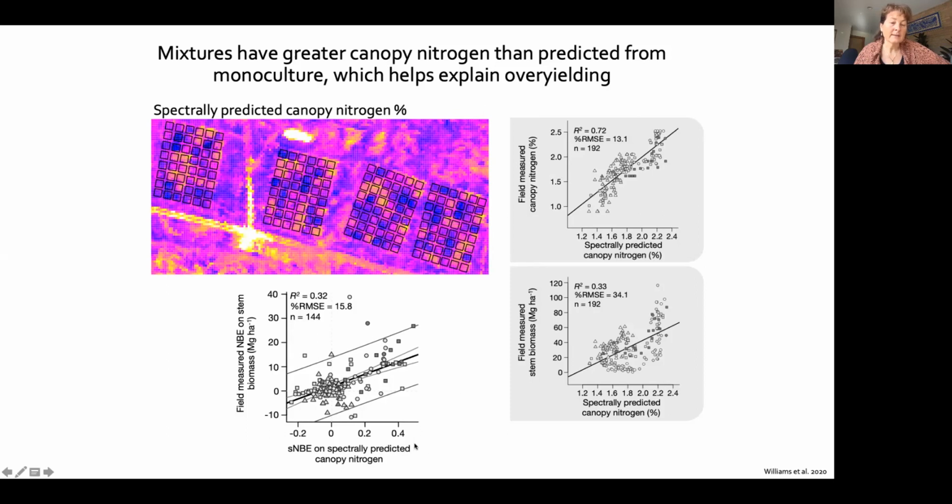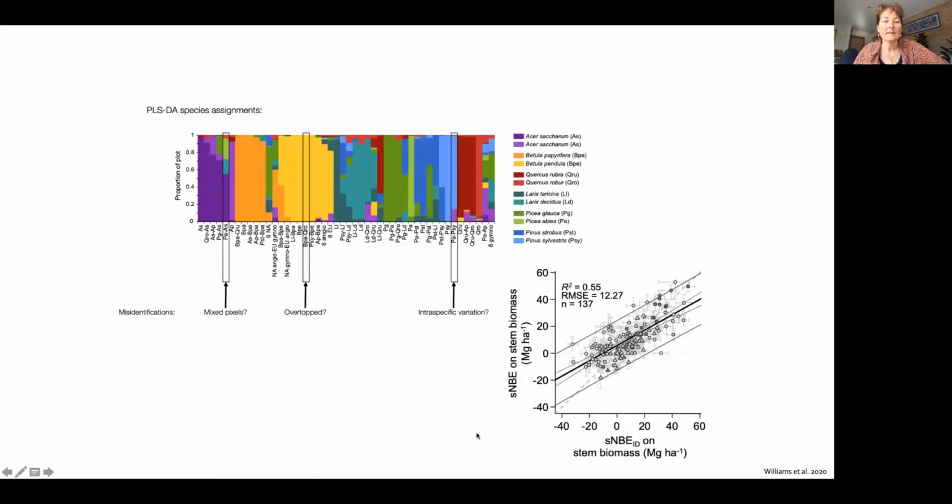And so here is the spectrally detected net biodiversity effect on canopy nitrogen, and it's correlated to the field measured net biodiversity effect. Those simulations required having some knowledge of which species were planted and their abundances so that she could do the simulations.